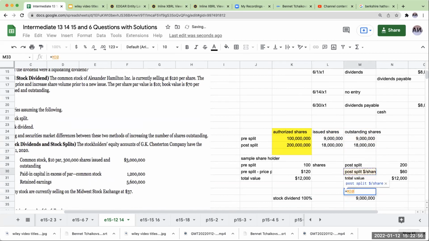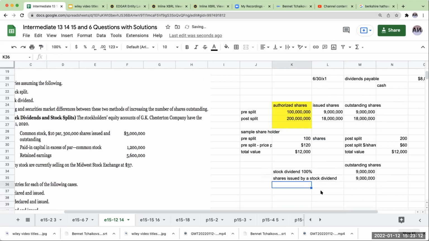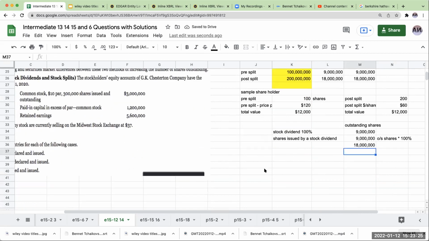My outstanding shares are 9 million. If I'm giving a stock dividend of 100%, it's the outstanding shares times 100%. So my new amount of outstanding shares is going to be 18 million.